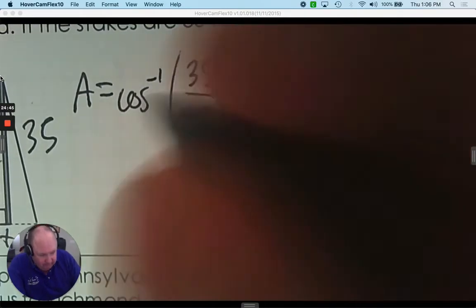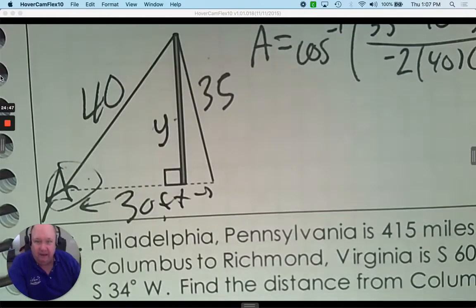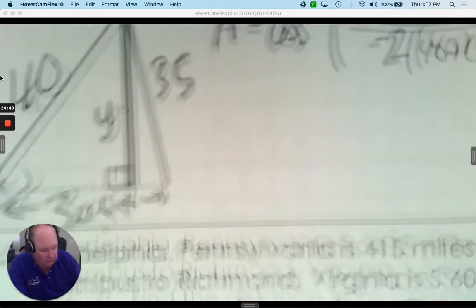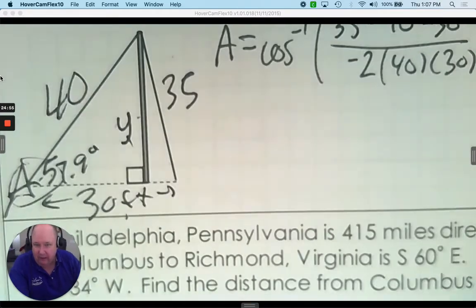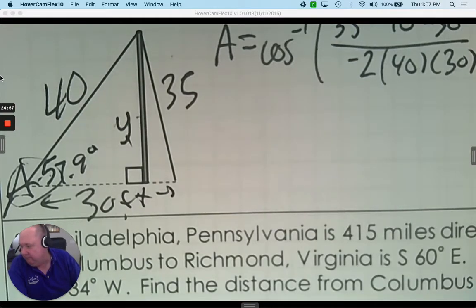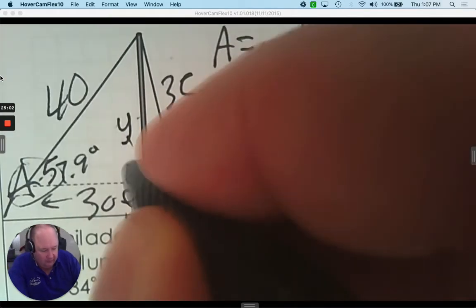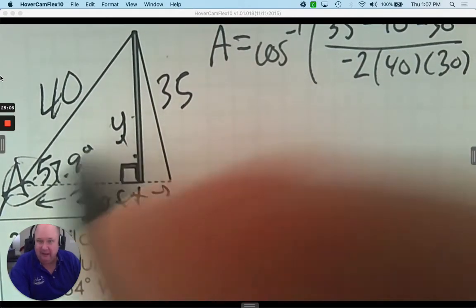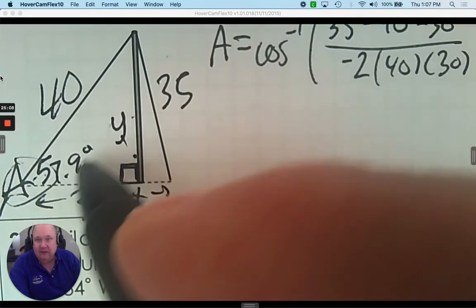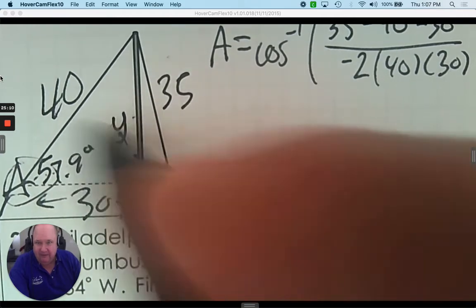Then we want to solve for y. So we know this is 57.9. Oh, no, sorry. We have a right triangle. Let me back up. So now we have a right triangle, and I can use SOHCAHTOA. So that is opposite and hypotenuse.